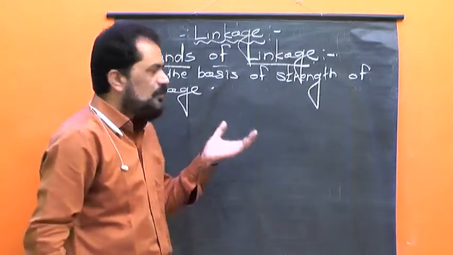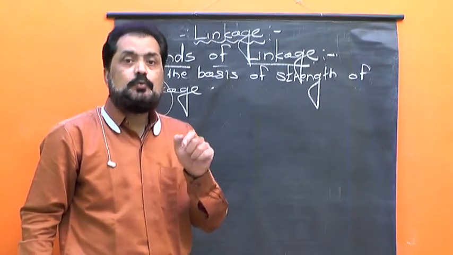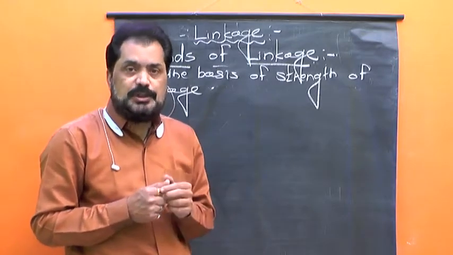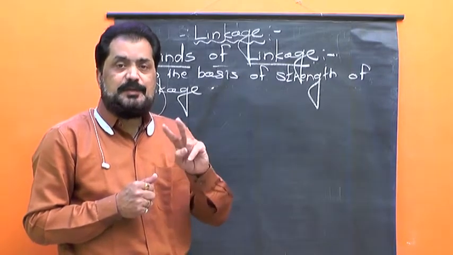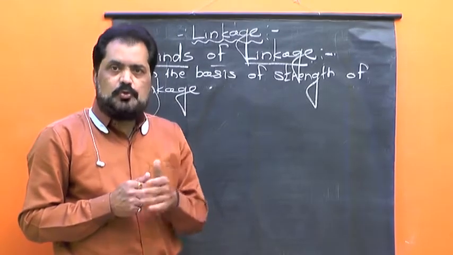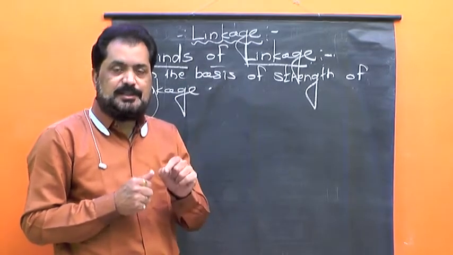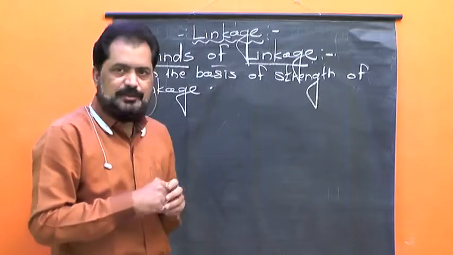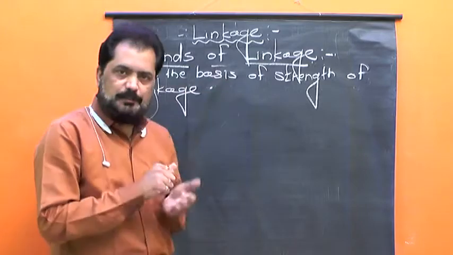Actually, the strength of linkage depends upon the distance between two genes on that chromosome, or we can say the distance between two linked genes on the same chromosome. त्या क्रोमोझोमवर असणाऱ्या दोन जीन्स मध्ये अंतर किती आहे याच्यावर त्या ठिकाणी लिंकेजची स्ट्रेंथ अवलंबून असते आणि याच्याच आधारावर त्याचे दोन प्रकार पाडले जातात.